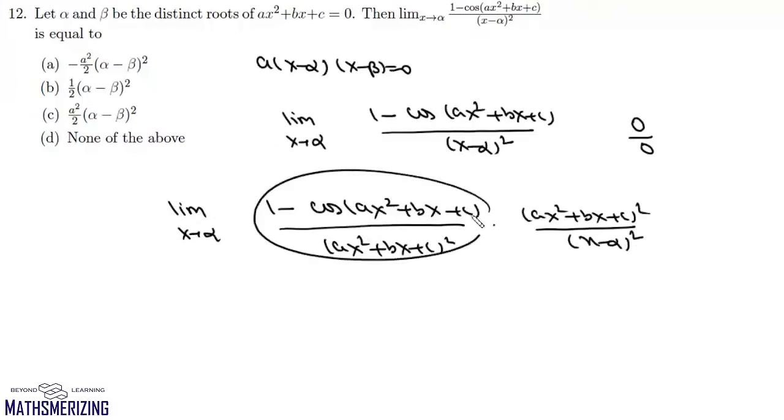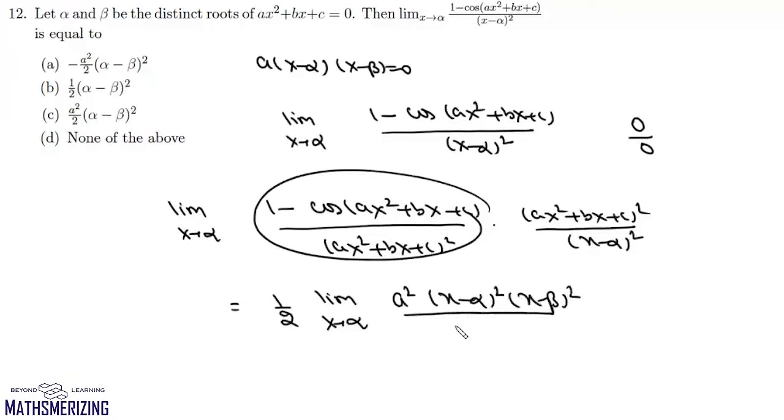Now this is a standard limit, which is 1/2, and we can write this as the limit x tends to alpha. Now we'll write this equation as a(x - alpha)(x - beta). So it will be a²(x - alpha)²(x - beta)² upon (x - alpha)². Now this (x - alpha)² will cancel.